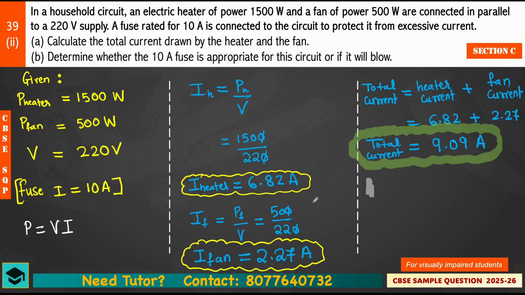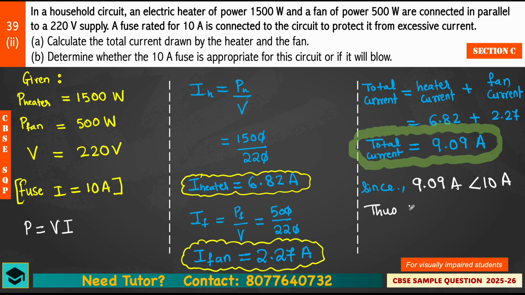So you can answer in such a manner: since 9.09 is less than 10 ampere, you can mention 9.09 ampere is less than 10 ampere, thus it is appropriate for the circuit.